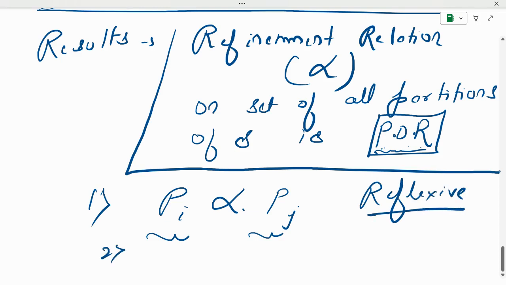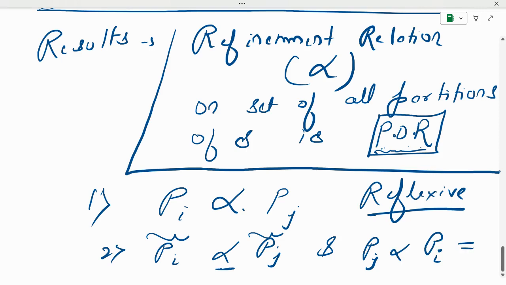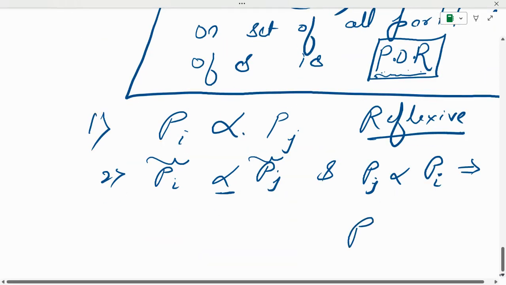Second, if Pi refines Pj and Pj refines Pi, then definitely Pi is equal to Pj.